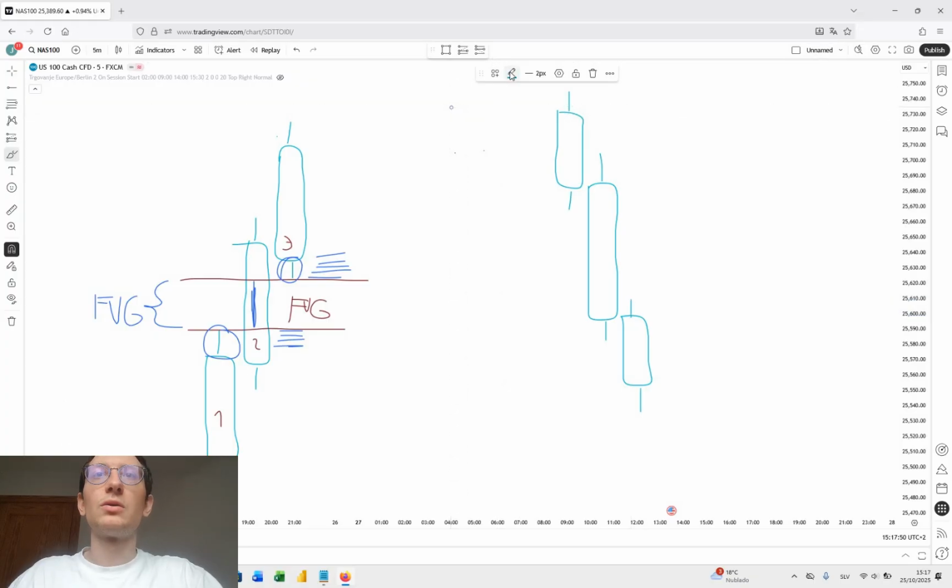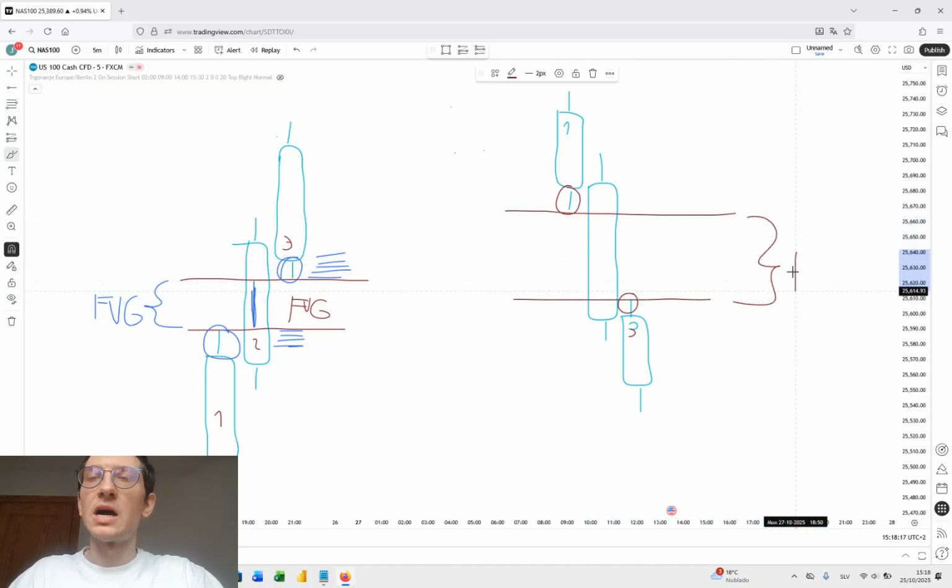We take a look at the first candle and the third candle, and we check that the wicks don't cover each other. Here we then have this space in between, and this is a fair value gap. This is a bearish fair value gap, while the earlier one is a bullish one.